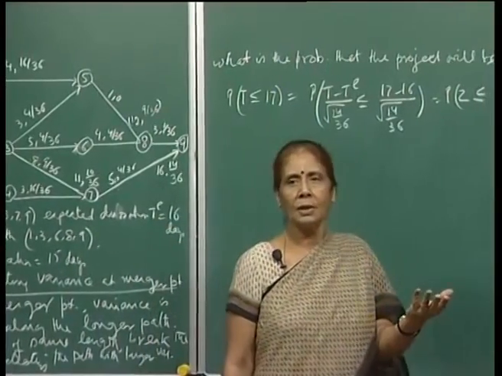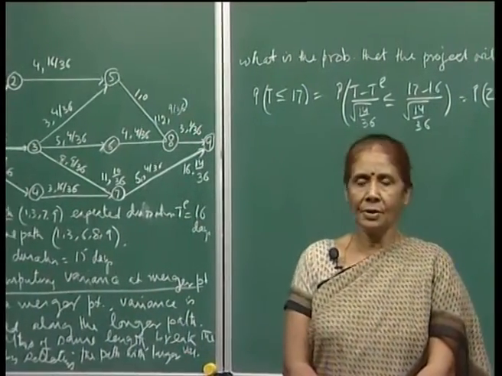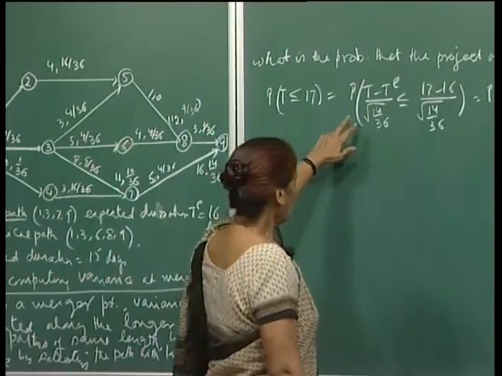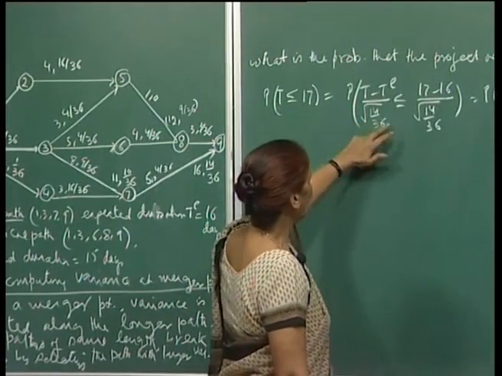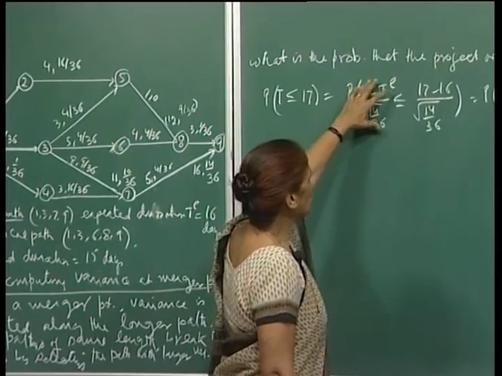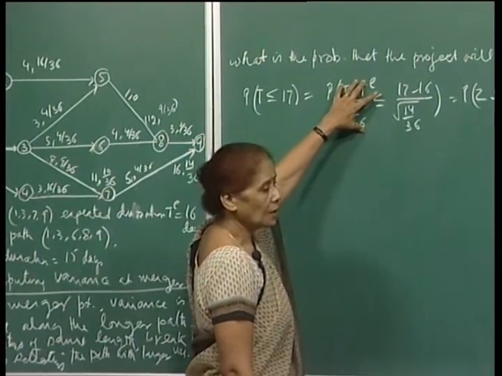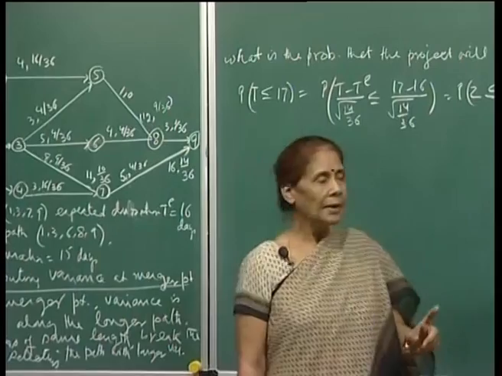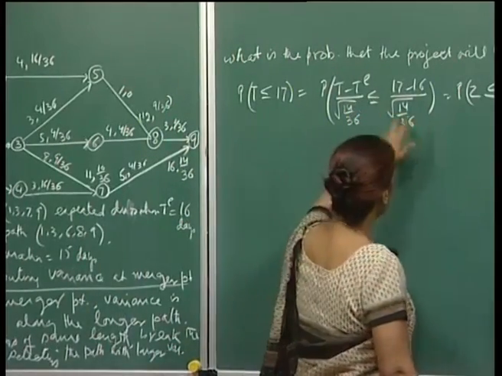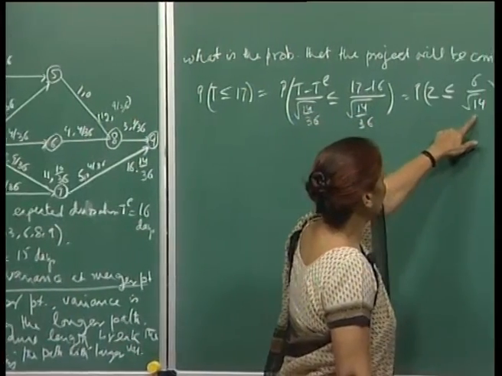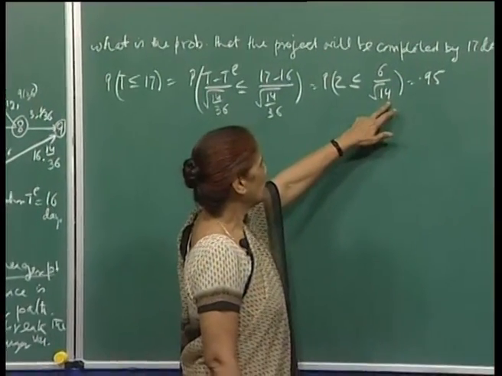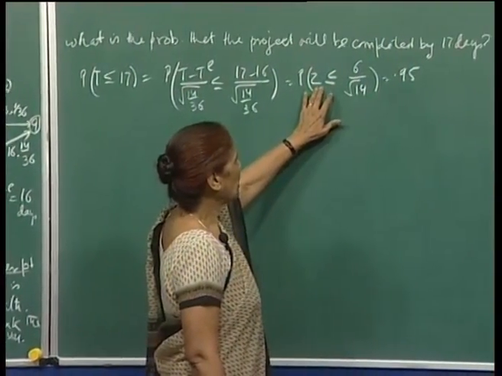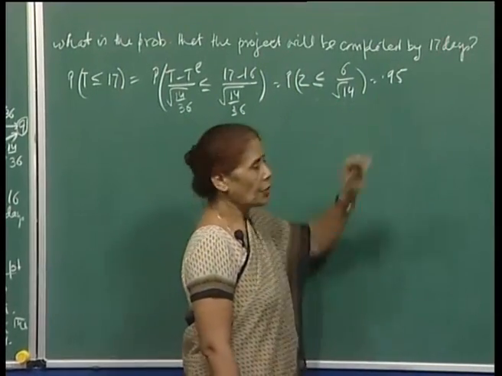So, we are using the concept of the central limit theorem, and then I can standardize this variate. That is, T minus T e upon the standard deviation becomes a normal variate with mean 0 and standard deviation 1. So, actually you compute this number with your calculator, and then looking up the table, this comes out to be 0.95.